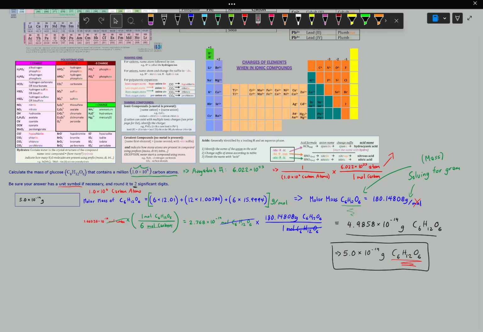And every subject has math in it, even biology. And so learning how to cancel out units like we did with grams per mole and atoms per mole and whatnot, learning how to do that is such an important tool to have when it comes to exams and when it comes to the future of your education.